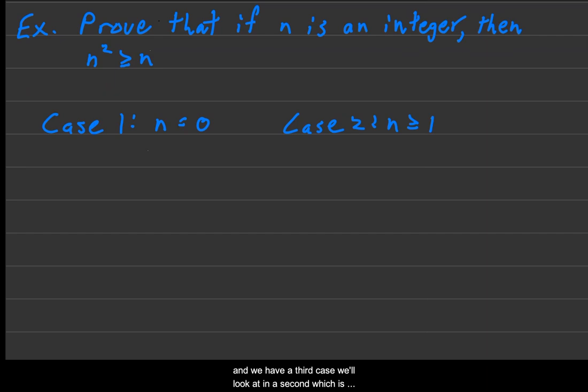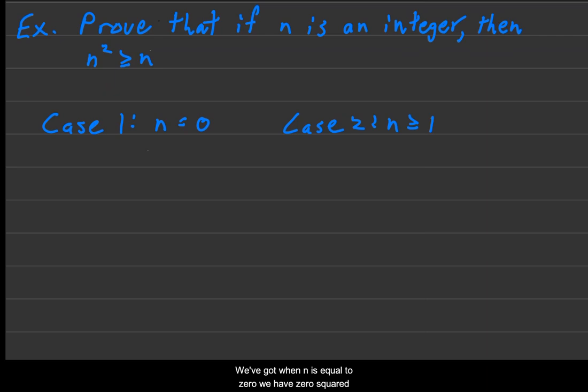And we have a third case we'll look at in a second, which is when n is less than or equal to negative 1. Essentially, this is driven by the n squared, since when you have a squared number, the inflection point is 0. What happens when it's positive? What happens when it's negative? So let's take a look at case number 1.